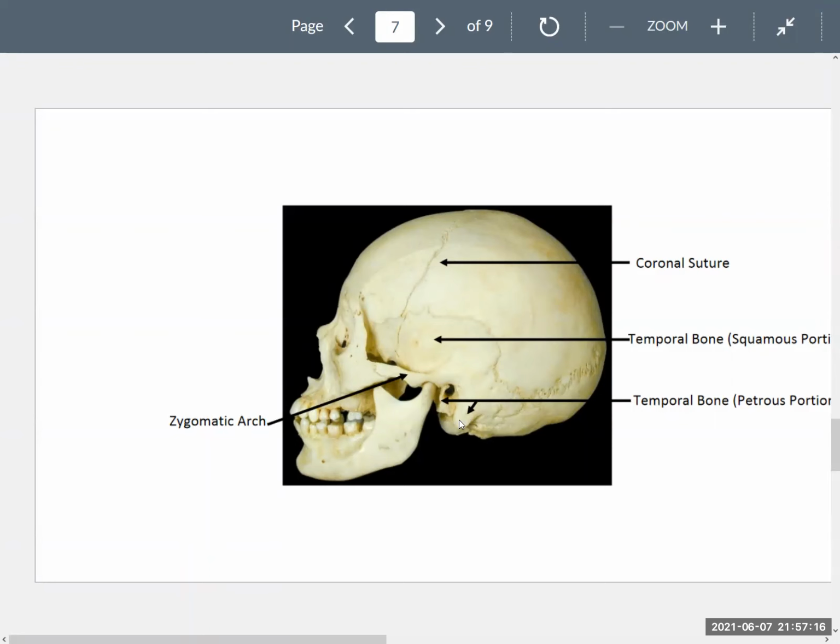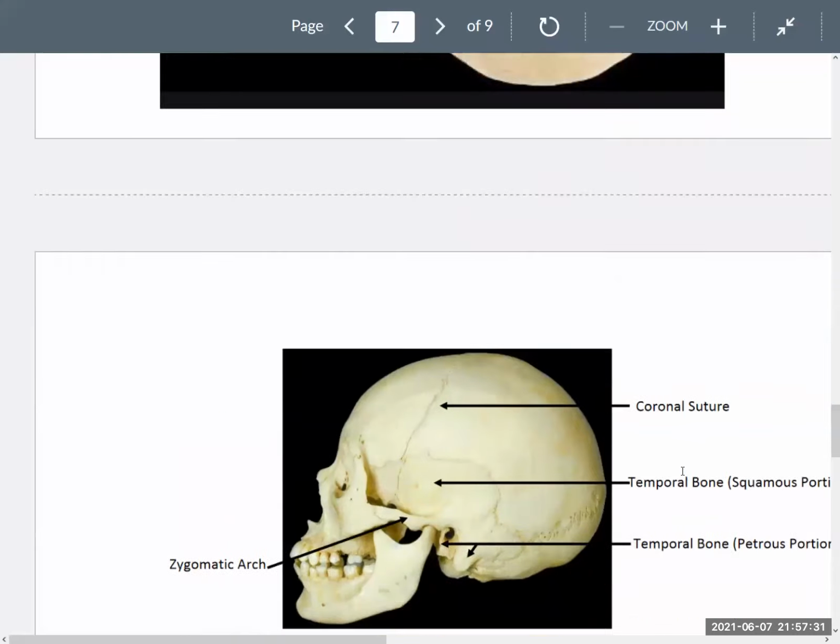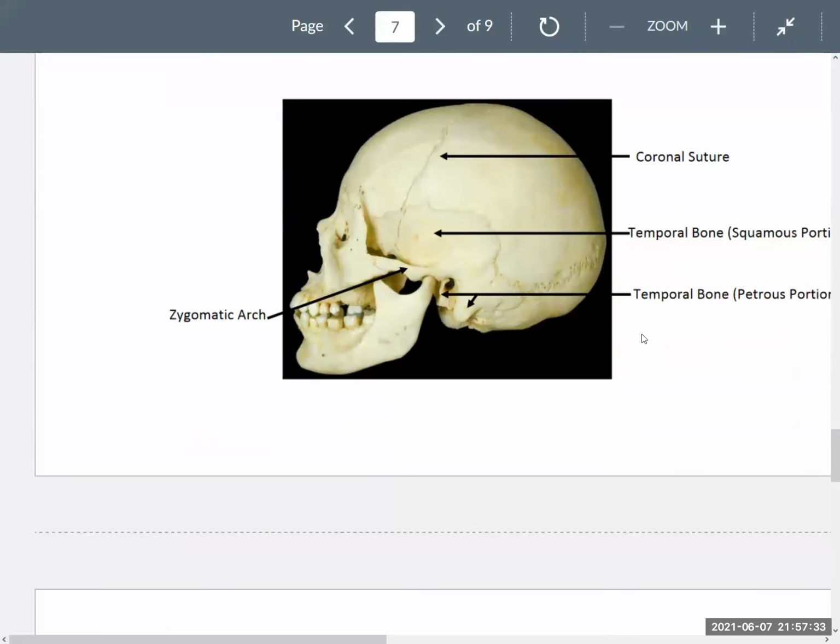Down here, the mastoid process, the internal auditory meatus, and everything that was underneath all this is part of the temporal bone, but it's definitely not flat. This is the petrous portion.